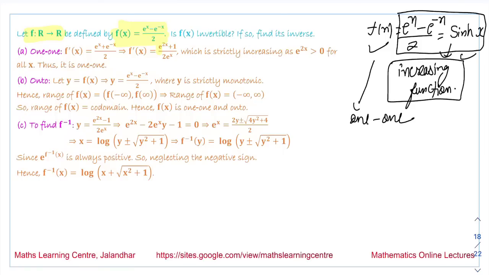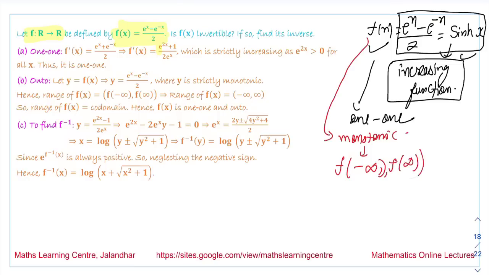Next we have to prove that this function is onto. We are saying that this function is strictly increasing, which means it is a monotonic function, and for a monotonic function we know that the range is given by f(minus infinity) comma f(infinity). Why minus infinity and infinity?